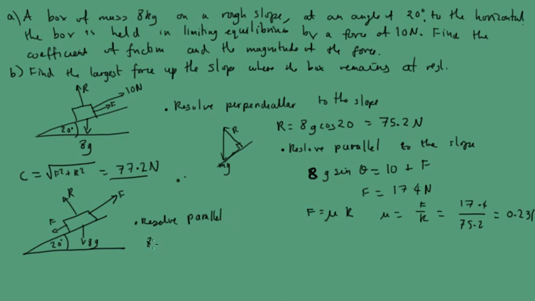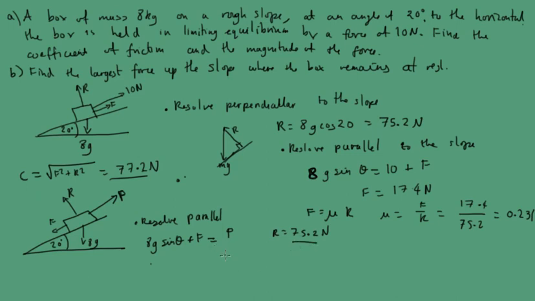So this time 8g sine theta plus F must be equal to, we'll call this force P, so we don't get confused, P. Now we have R from before, so we know R was equal to 75.2 newtons because that's not going to change.